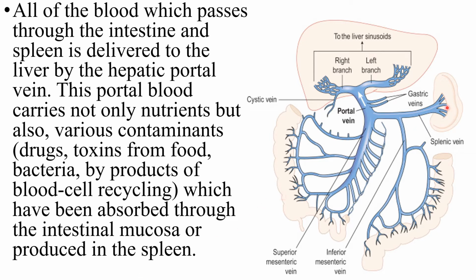You can see here, the spleen has direct connection with the liver through the veins of the hepatic portal system, as well as the intestine has direct connection with the liver through the blood vessels.